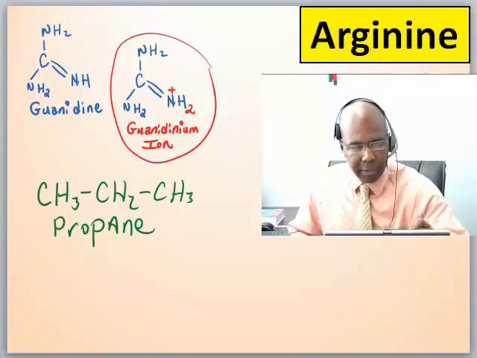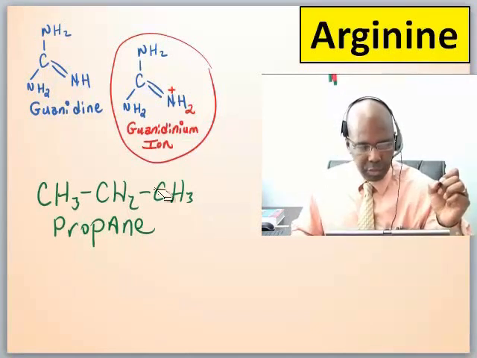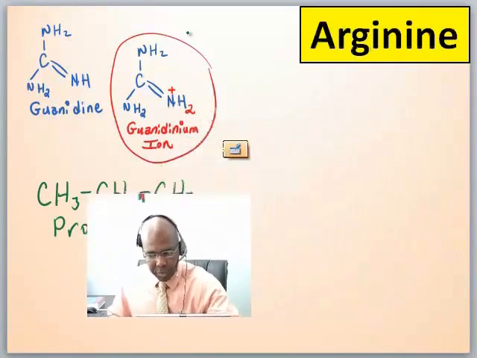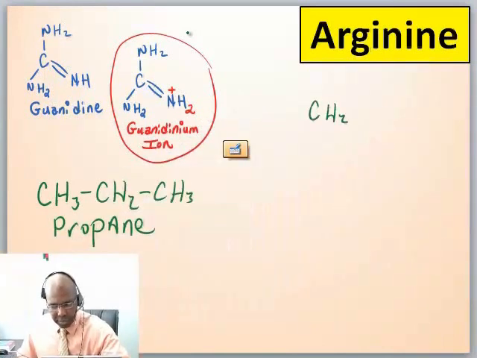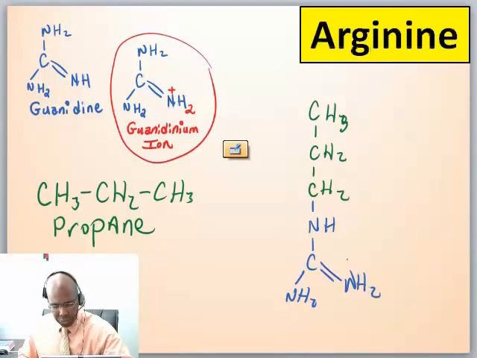So let's draw all of that. I'm going to put my propane here. I'm going to go to something else. I don't know why you have to do something else to make them separate. So let's draw propane, CH3, CH3, CH2, CH2, NH, C, NH2, and NH2 plus.